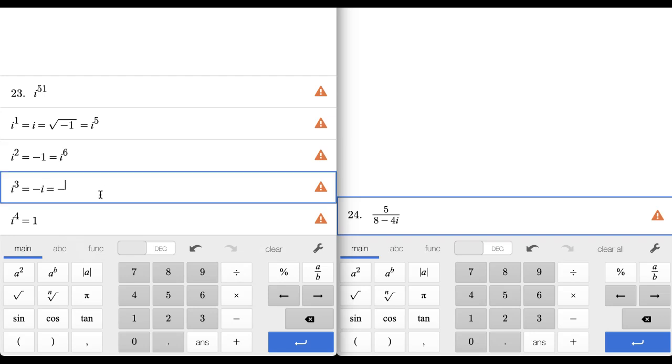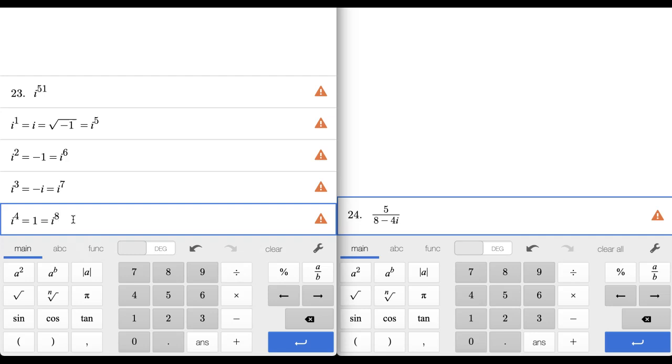This is i to the 7th, and this is i to the 8th. So basically any multiple of 4 gets you the same i value from its original power, right? So i to the power of 3 plus 4, which is i to the 7, is the same thing as i to the 3, right?